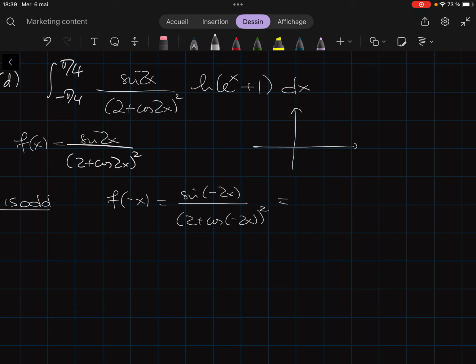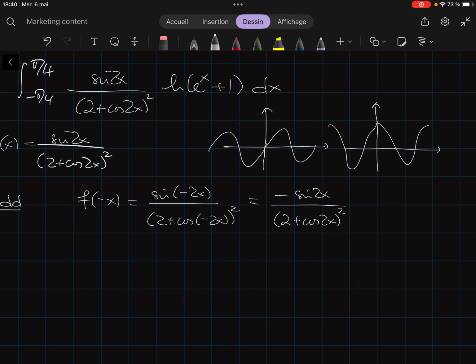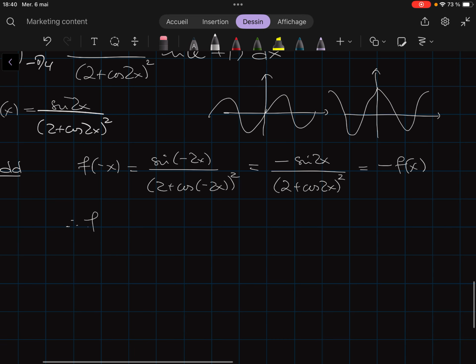So quickly sketch out the graph of y equals sine of x. We know that it is odd. Sketch the graph of y equals cos of x. We know that it is even. Thus, this is negative f of x, therefore f is odd.